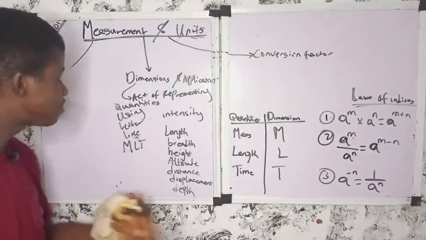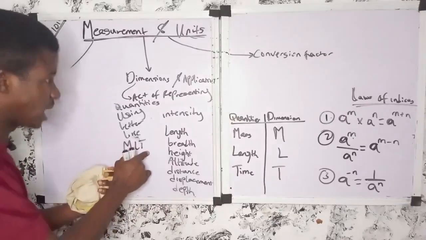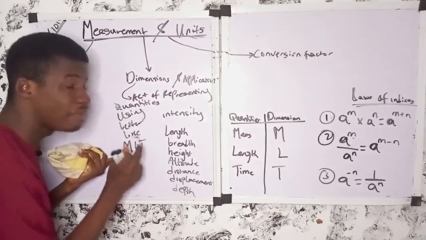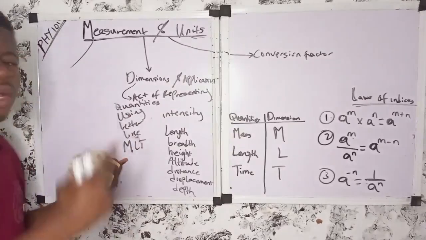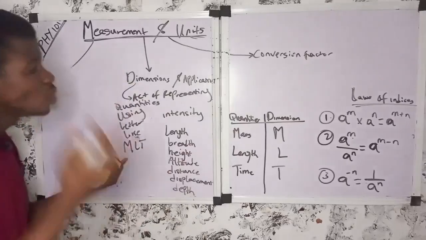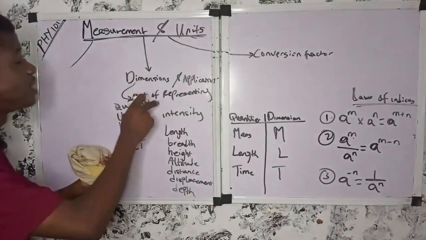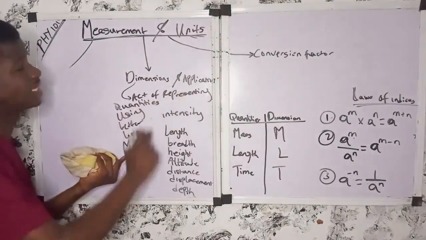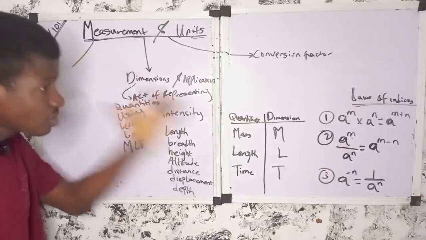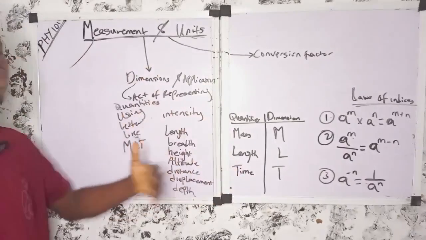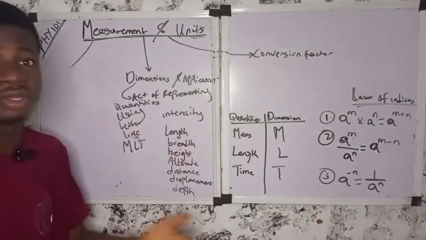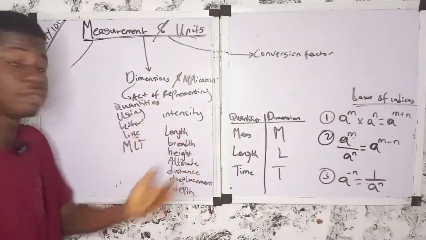When we represent those quantities using letters such as M, L, T, please, it's MLT only, that is presented as dimension. So in this video, I'll teach you guys how to look for the dimensions of some quantities, because they usually ask you in your 100-level first semester exam.